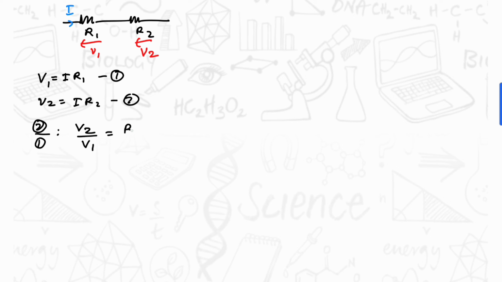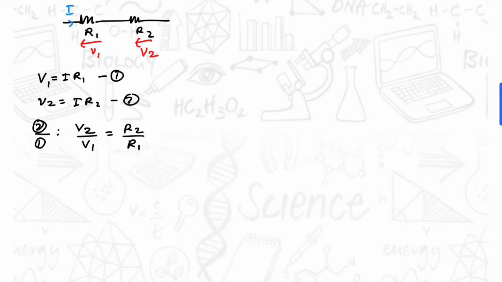That will be V1 is equal to IR1, and that is the first equation. And we can also do the same to get the second equation from R2. Then V2 is equal to IR2. So if we divide the second equation by the first one, we get V2 divided by V1 is equal to R2 divided by R1.